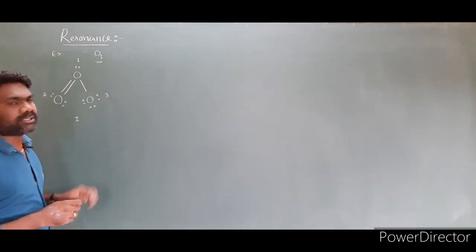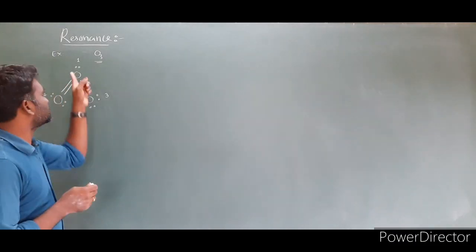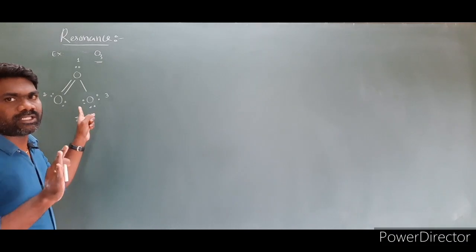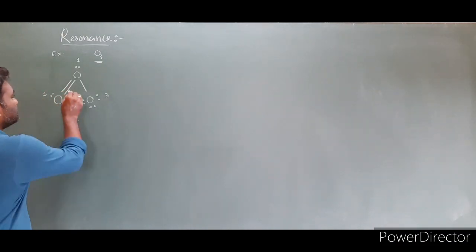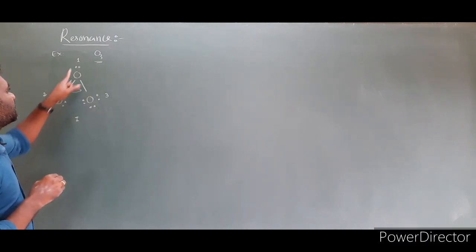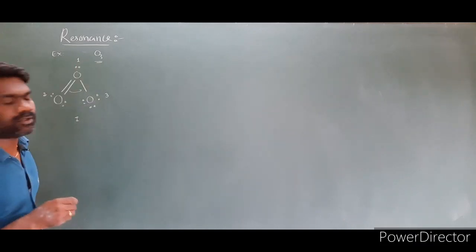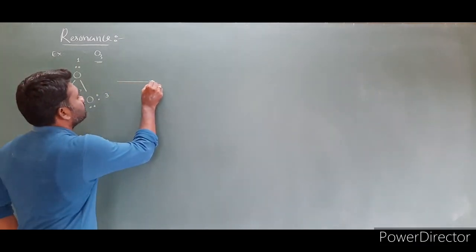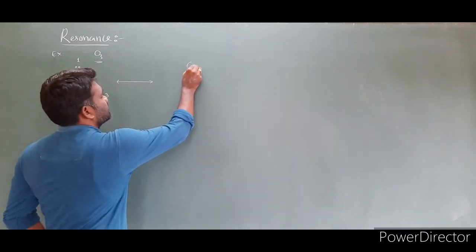Now without changing the position of atoms, I am changing only these electrons. These electrons are moving to here. So the double bond between the first oxygen and second oxygen moves to the first oxygen and third oxygen. As a result, I will get one more structure.